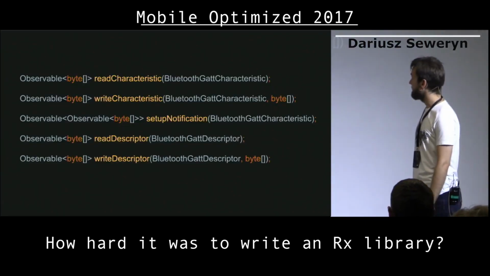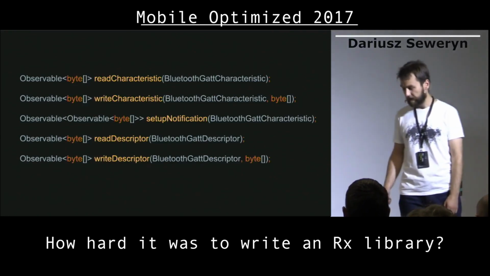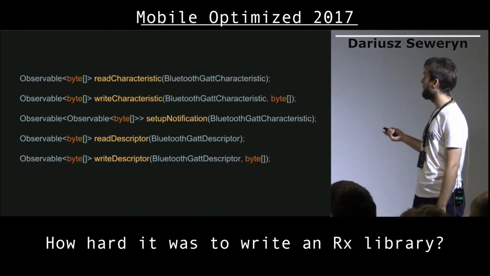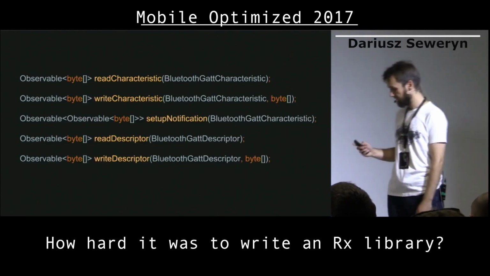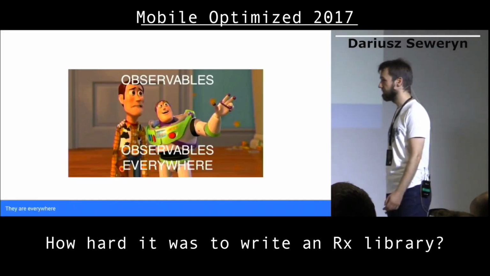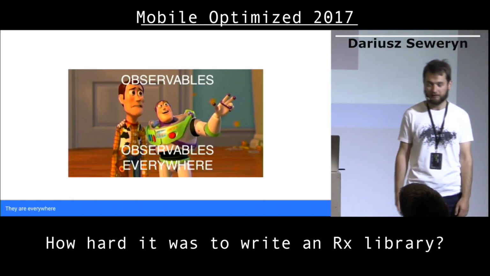So here is a part of the interface of the connection from that time. You could read a characteristic, write one, set up a notification, read a descriptor, or write a descriptor. What you can see here is that there are observables basically everywhere.